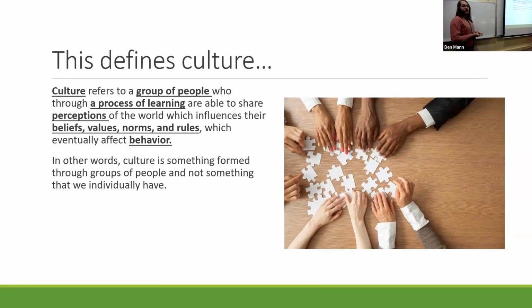Those are examples of a process of learning. Another really good example of a culture engaging in the process of learning is school, right? And where you went to school, what you learned in school, how you learned about history in school, whose history and what type of history you learn through school. That's that process of learning that's shaping a culture as well, right?